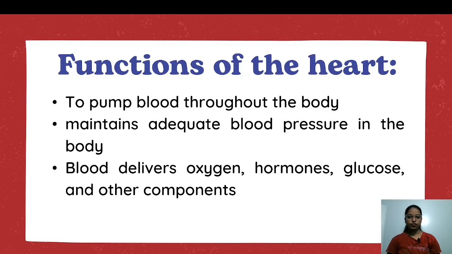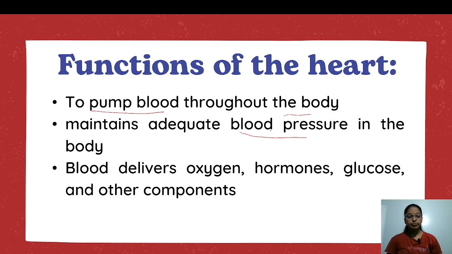Let's see the functions of the heart. As we know, the heart is involved in pumping blood to all body parts, correct? This is the main function of the heart. The second function is that, as it pumps the blood to all body parts, it is involved in maintenance of blood pressure throughout the body. So the second function of the heart is to maintain blood pressure.